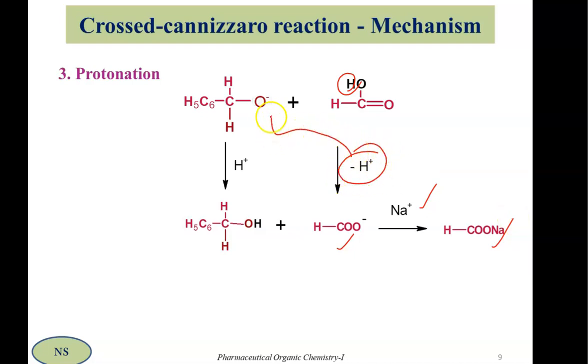While the protons liberated in the medium will be taken up by the benzyl oxy ion, so you can see here H plus will be attached to the O minus, so that we get the corresponding benzyl alcohol as the product. So that is how, upon Crossed-Cannizzaro reaction between two different aldehydes, formaldehyde and benzaldehyde, we get sodium formate as well as benzyl alcohol as the products.